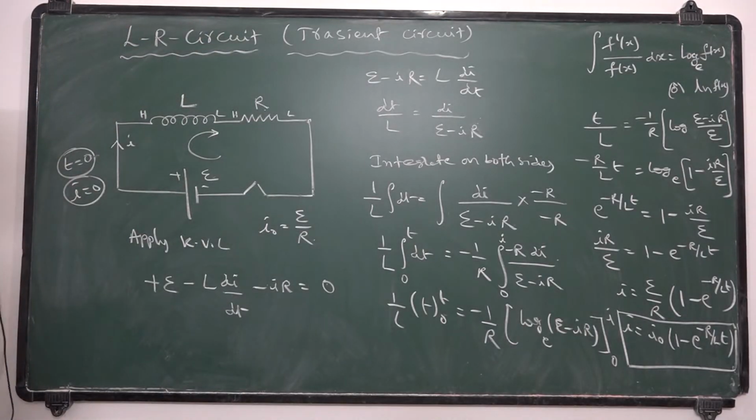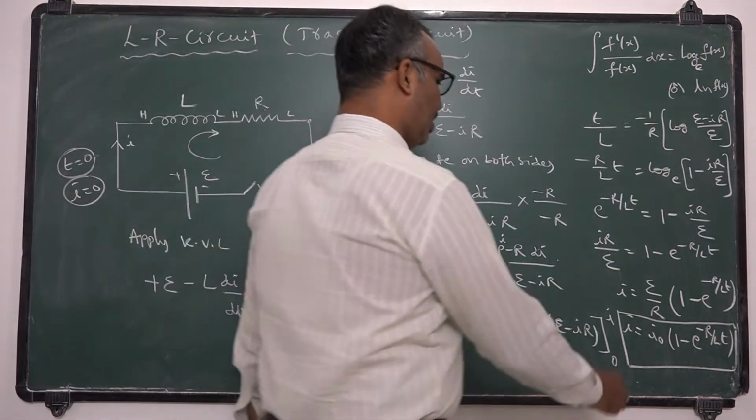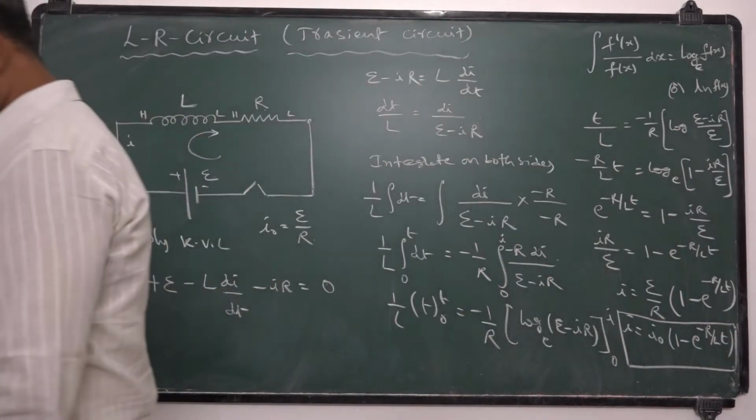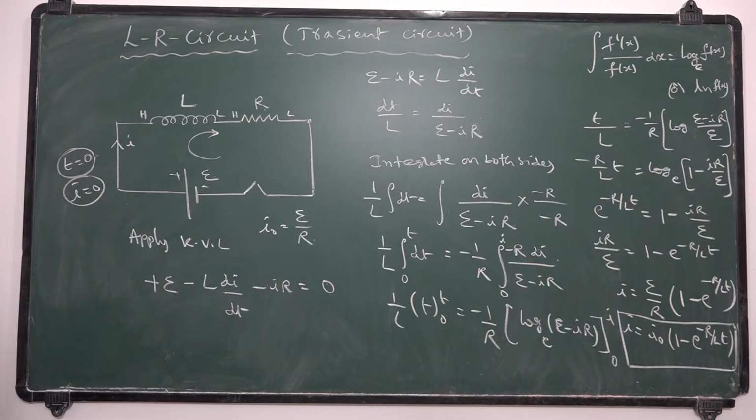Current as a function of time. This is the trend followed by the current in the circuit consisting of L and R.